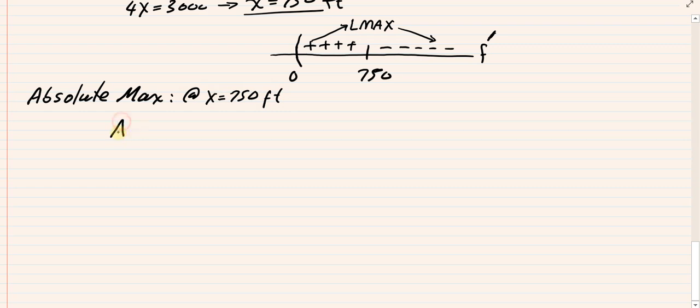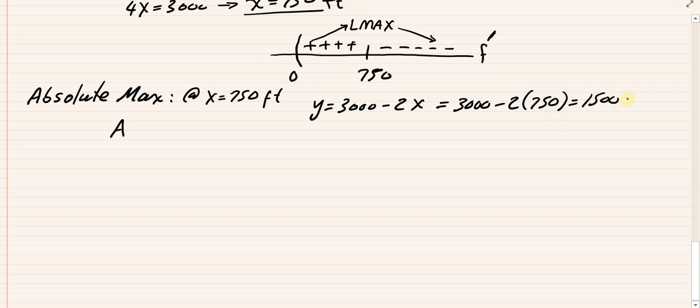So what is the maximum value? Well, at that point, remember y is 3,000 minus 2x, so that means 3,000 minus 2 times 750, which is 1,500. So the length of that fence must be 1,500 feet, and the two widths, one on either side, will be 750 each. What's the area at that?